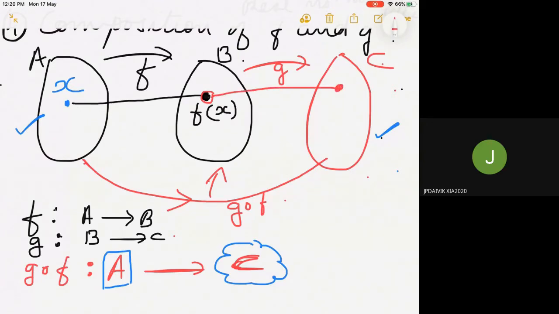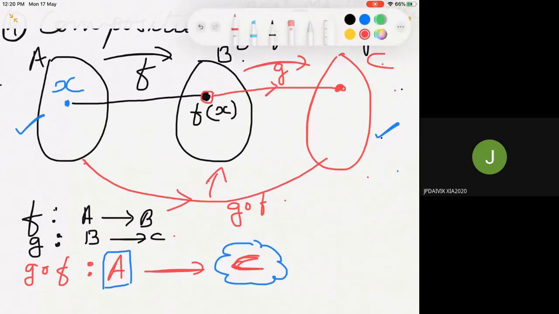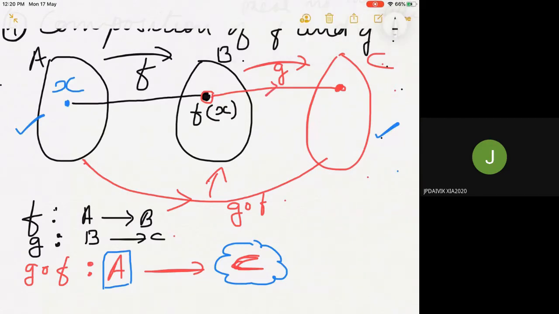You can see that it has started from x, from x it has landed at f(x), and from f(x) it has landed here. Suppose this is named y. This is nothing but g(y), and g(y) is nothing but g of the image f(x). So we can write it as g(f(x)).